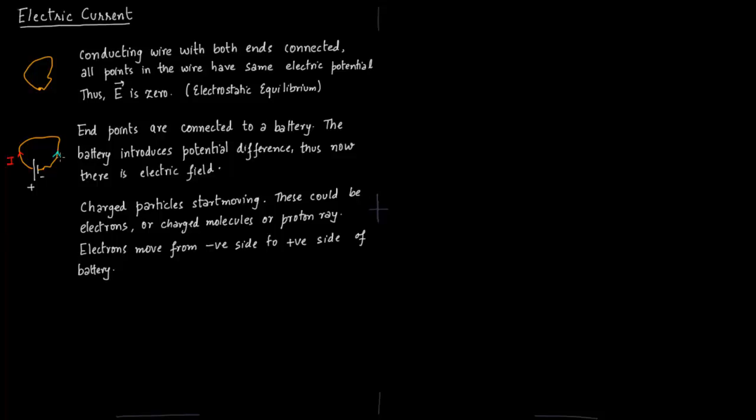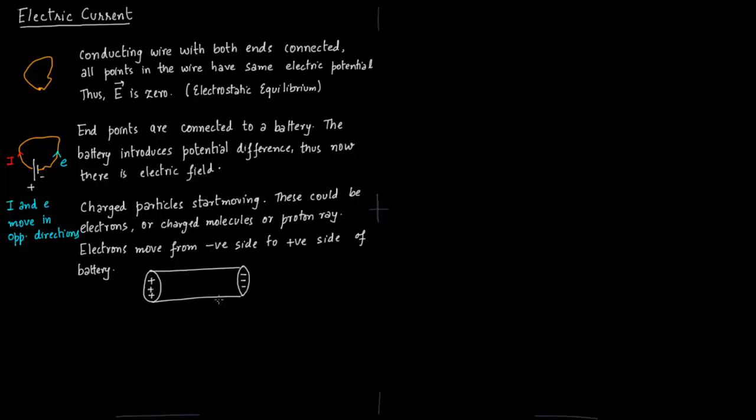So let us draw this. So you see the electrons are moving in this direction. Notice electrons and current move in opposite directions. Current moves from the positive to the negative side, and electrons move from the negative to the positive side. So say we have a wire, looks like a long thin cylinder.